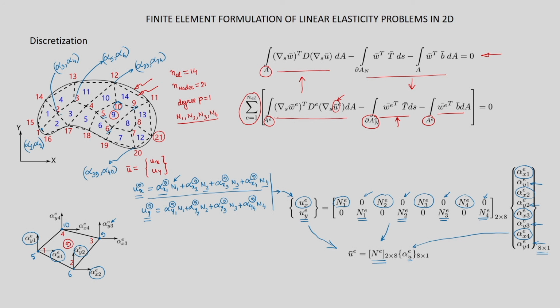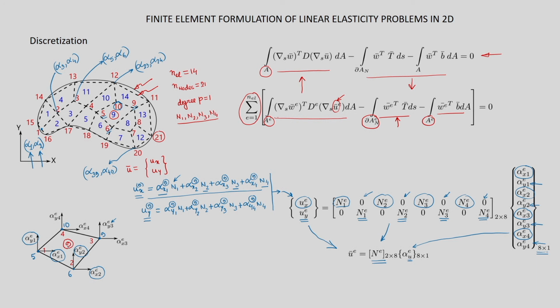So, what do these numbers represent? These numbers represent the same alphas, but numbered globally, and by default I am inherently assuming that the first alpha represents the x displacement and the second alpha represents the y displacement corresponding to that node.